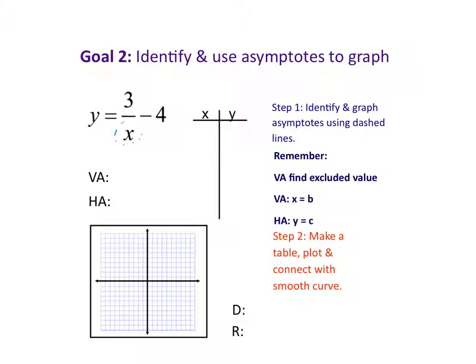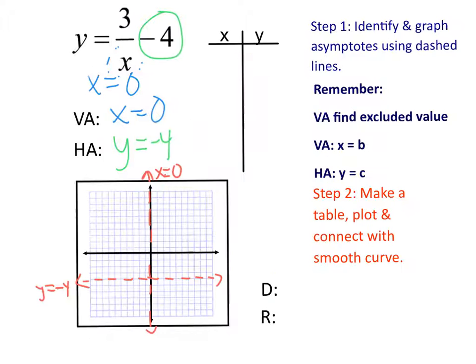So if I set x equal to 0, I just get 0 for my vertical asymptote. Now for my horizontal asymptote, that's just setting whatever c is equal to y. So here that would be y equals -4. I'm going to go plot my asymptotes using dashed lines on my graph below to the left.